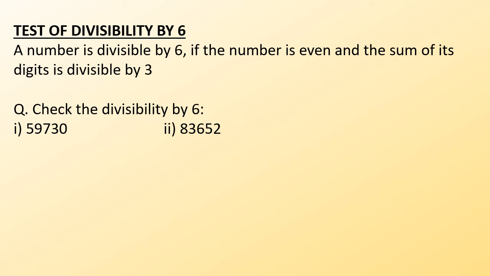A number is divisible by 6 if the number is even and the sum of its digits is divisible by 3. If a number is even, that means the number is divisible by 2, which means that if a number is divisible by 6, it has to be divisible by 2 also.